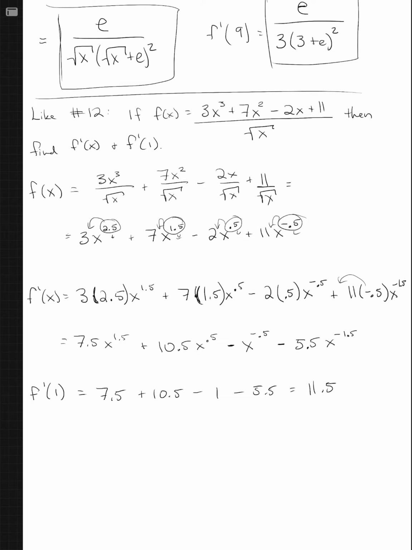Alrighty, you could also, again, use the quotient rule if you wanted. Low would be the square root of x. High would be 3x cubed. I'm not going to have enough room for it there. There we go. That's better. And then you could find d low and d high.